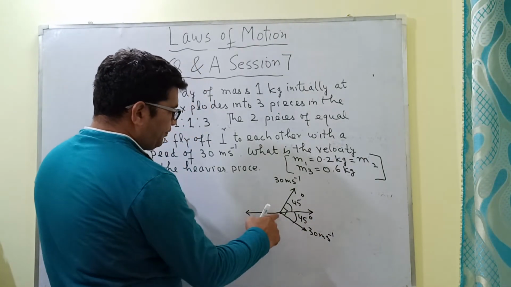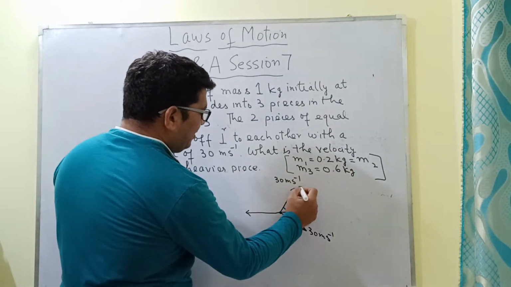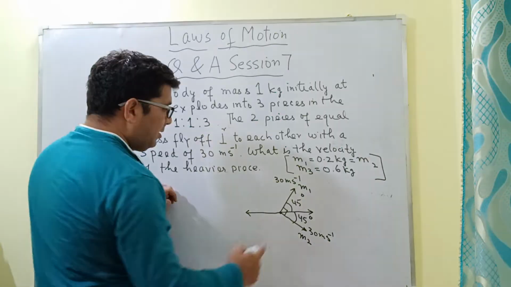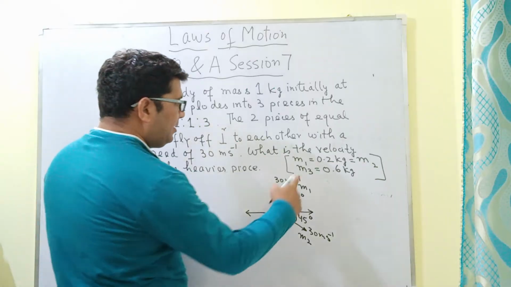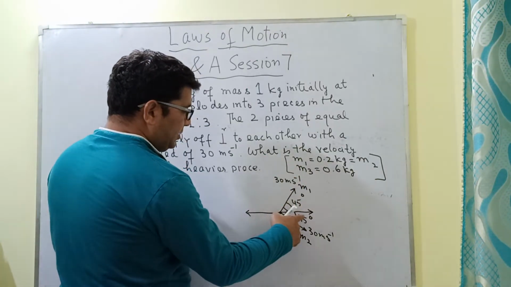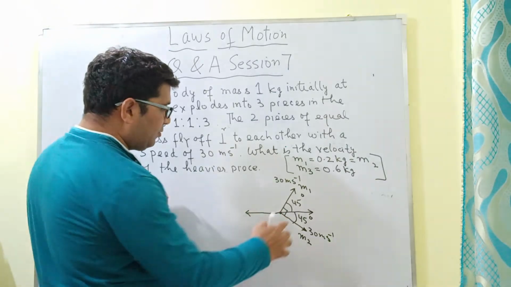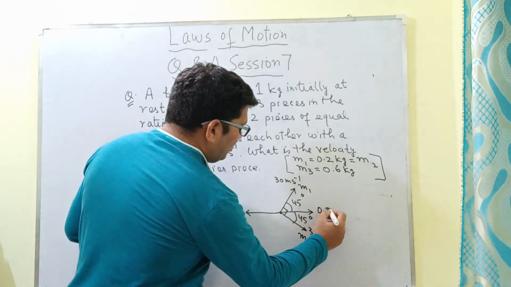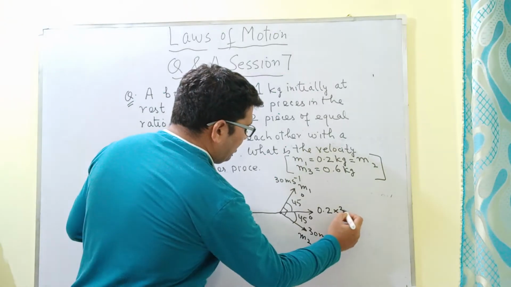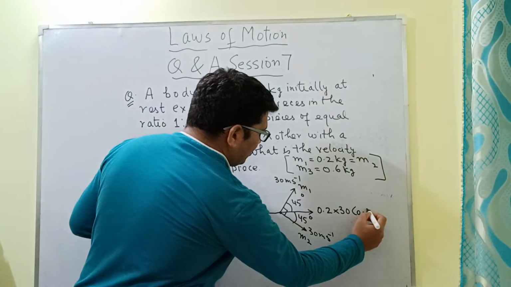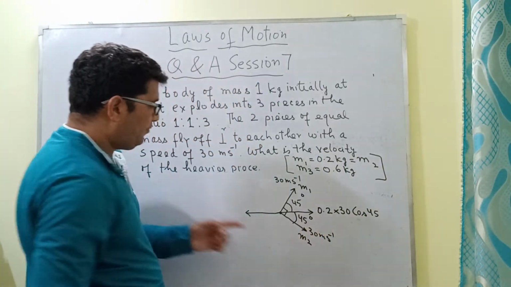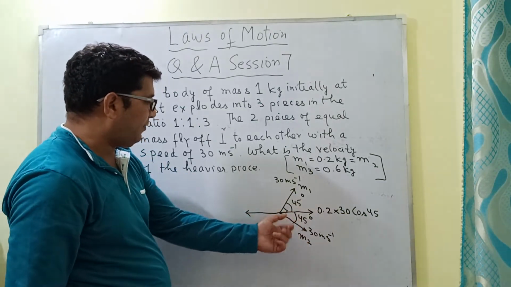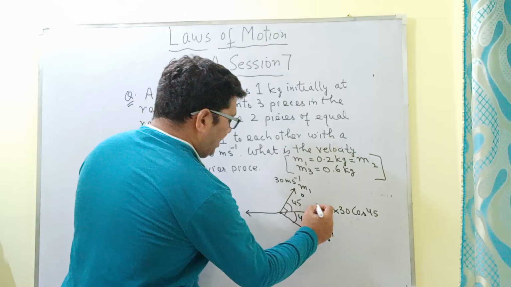So m1 and m2 both have mass 0.2 kg, so what will be the momentum in the horizontal direction? That will be equal to m1 into the horizontal component of this velocity, which is 30 cos 45. So 0.2 into 30 cos 45, and the horizontal component of velocity of the other is also 30 cos 45 and the mass is the same, so this will be into 2.